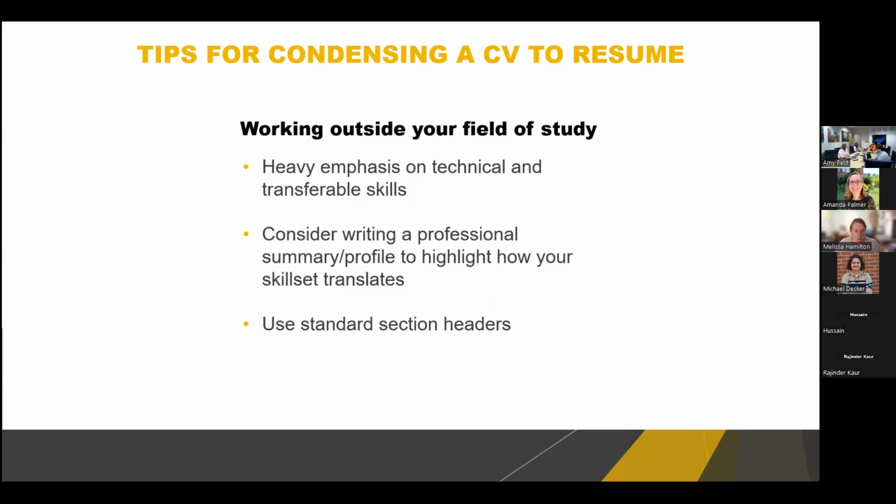You might write a professional summary, especially if you have a lot of experience. Maybe you make it a 2-page resume with a very short 3-sentence professional summary at the top. That is an opportunity for you to highlight how skills you may have gained in one discipline would transfer to a different one.